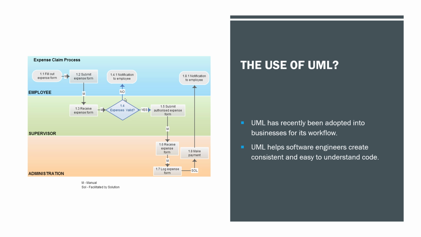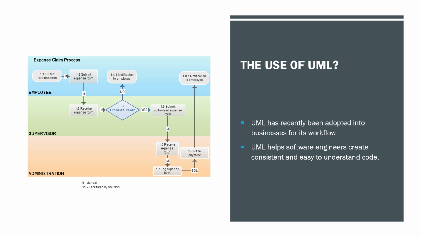That means that we will have two forks on where we will go. This fork goes up if the expense is not valid, and then they will notify the employee. If it is valid, then the supervisor will submit that authorized expense form, which will take it down to the administration.